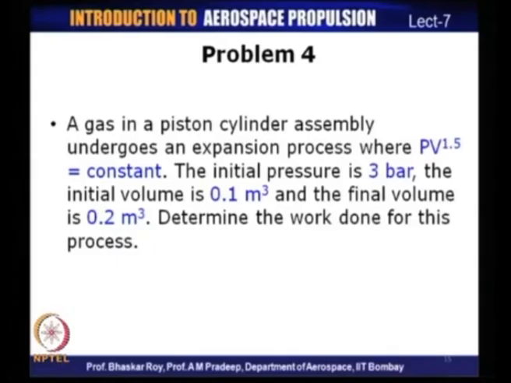Determine the work done for this process. So, this is an example of a problem where the process follows PV raised to n equal to constant, where n is 1.5 in this example, and we have the initial pressure and volume specified. We also have the final volume. We need to find the work done during this process.